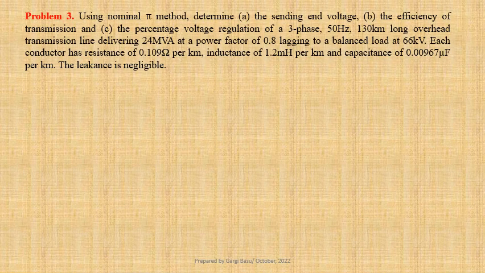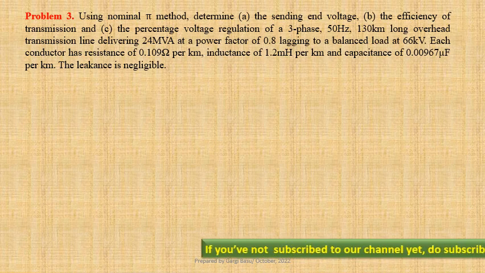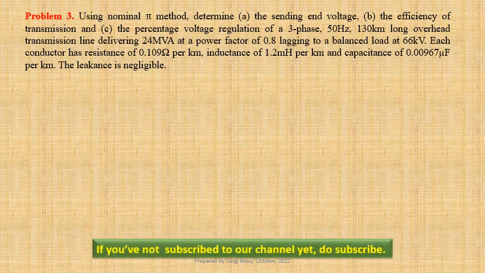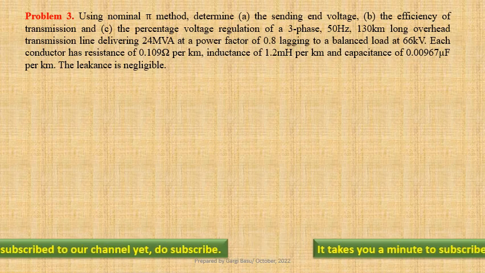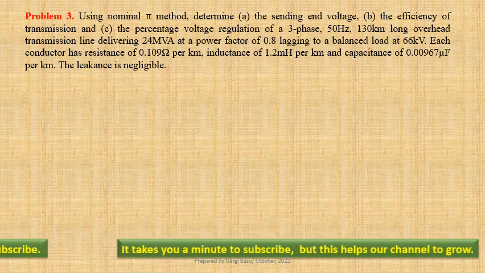Neglecting leakance and using nominal pi method, we have to determine the sending end voltage, the efficiency of transmission, and the percentage voltage regulation of a three-phase 50 Hz 130 km long overhead transmission line delivering 24 megavolt ampere at a power factor of 0.8 lagging to a balanced load at 66 kV.